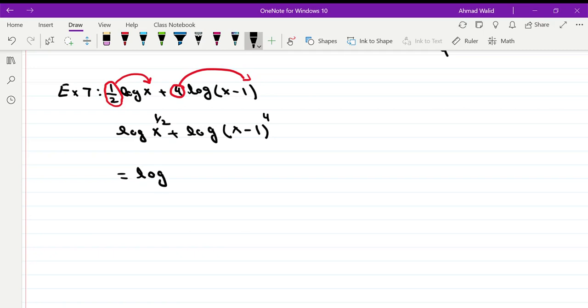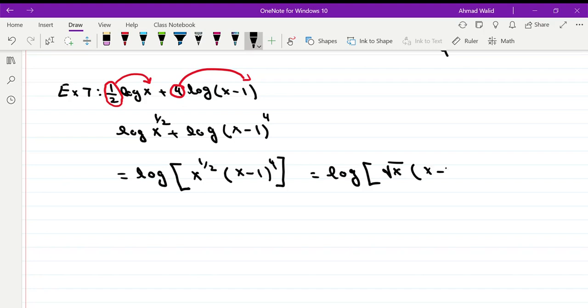Then you can write log of x to the power of 1/2 times x minus 1 to the power of 4, all base 10, whatever the base is. I think base is 10. Correct? Here, x to the power of 1/2, you can write it in radical form. You can write as a log of square root of x times x minus 1 to the power of 4 as a one single logarithm.